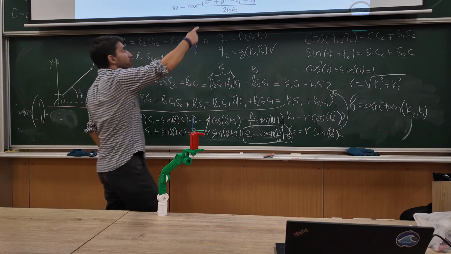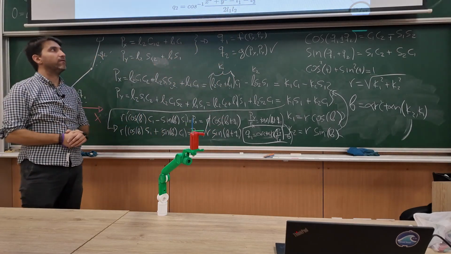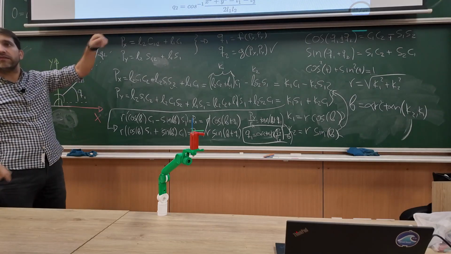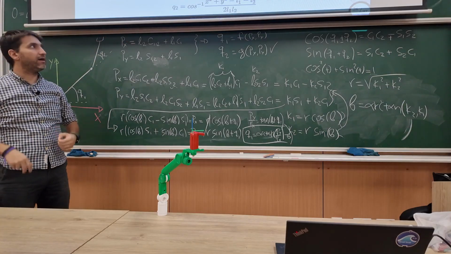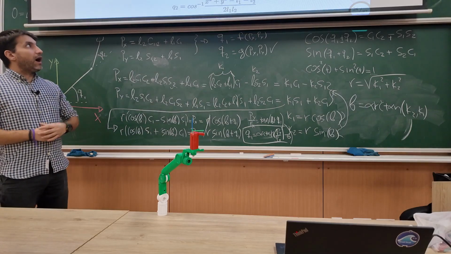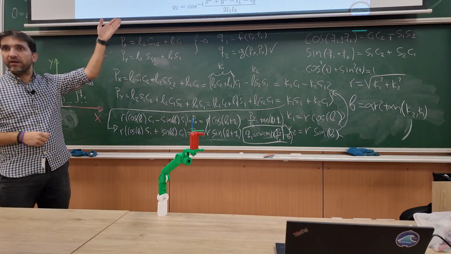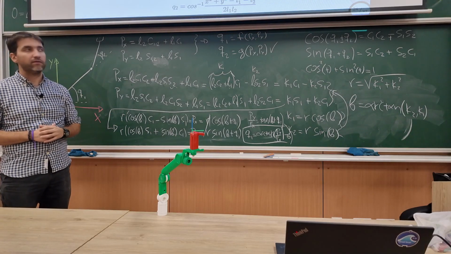Or basically this quantity here has to be between minus 1 and 1, right? If I try to extend the length, the x and y beyond the L1 plus L2 square, I will get this division being bigger than 1 or smaller than minus 1, basically, right?